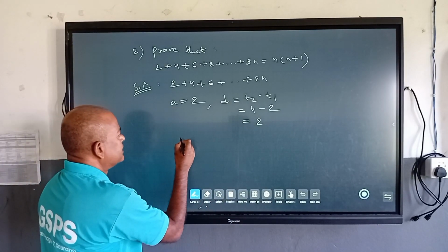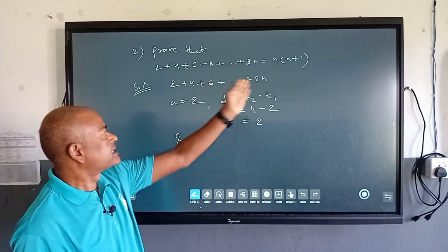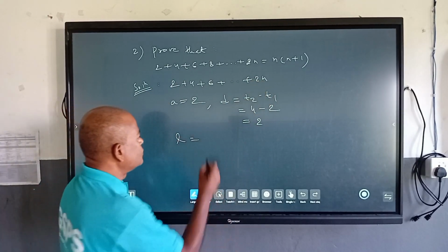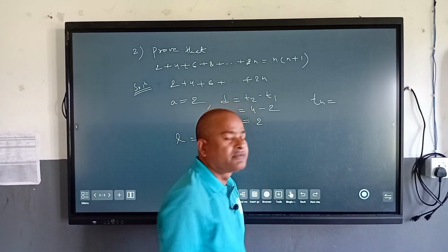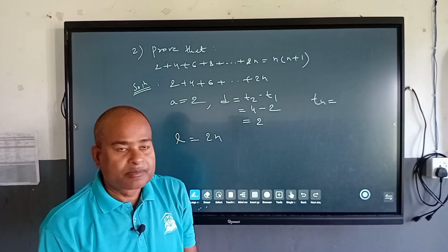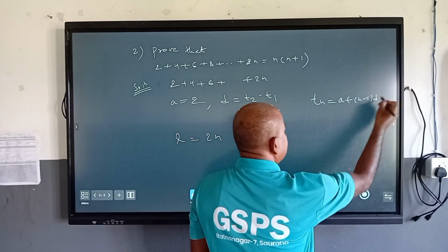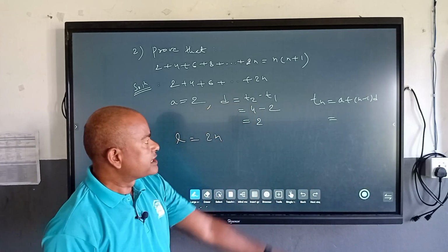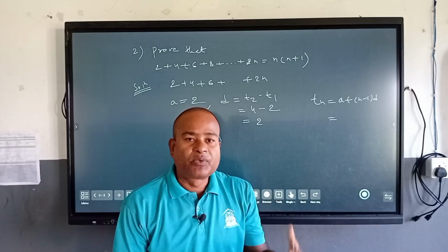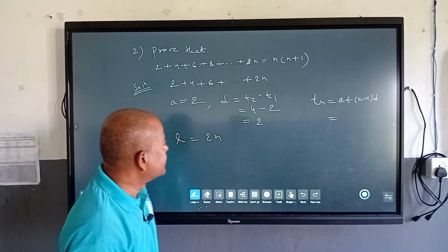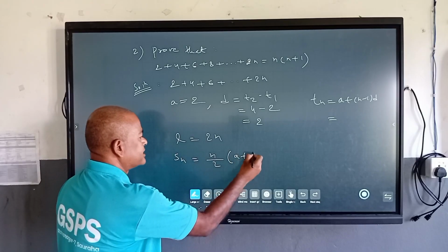Dear students, the last term, or we can say the general term of the first n even numbers, is 2n, which we can calculate by using the formula of the general term of an arithmetic progression: Tn equals a plus n minus 1 times d. If we know the first term and last term of an arithmetic series, then we can find the sum of the series by using the formula Sn equals n by 2 times a plus l.